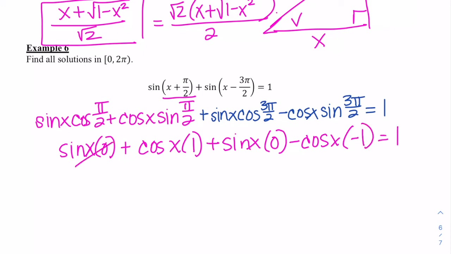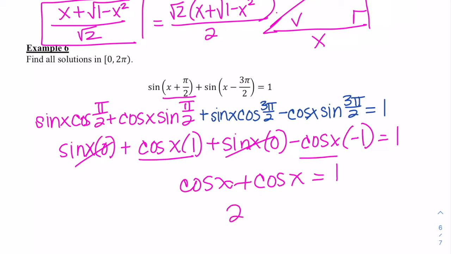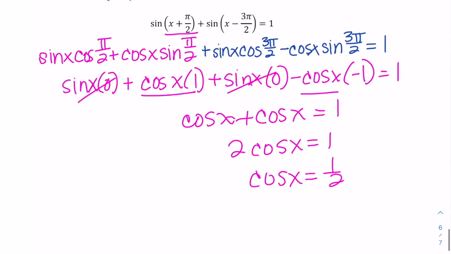So we can cancel all these out. And then we're going to have cosine of x and cosine of x equals 1. So that's just going to be 2 cosine of x, and then we can solve for cosine of x equals 1/2. And we know that cosine will equal 1/2 at pi over 3 and 5 pi over 3.